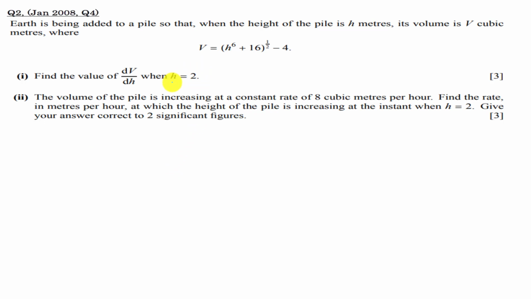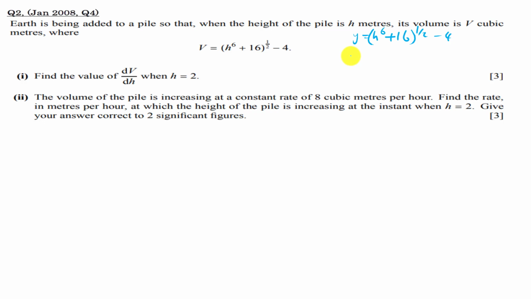So we're finding dV dh. So here we go. I'm just going to change that to y equals h to the 6 plus 16 to the half minus 4, so we should be good at this.